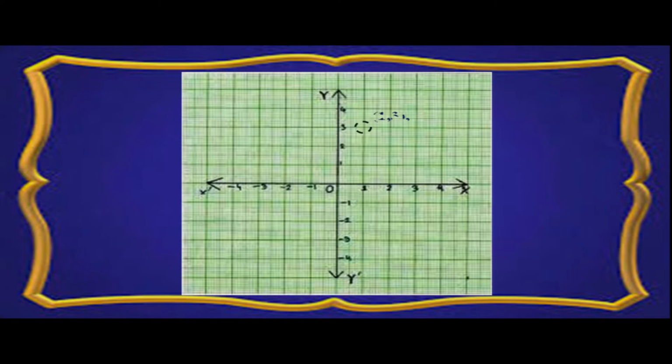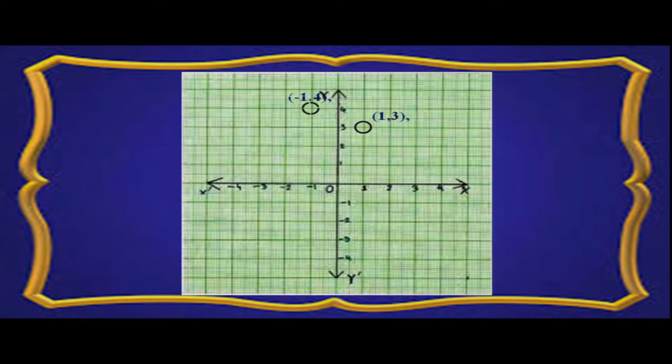If we find the point (1, 3), you can see that on the x-axis the value 1 is written somewhere and 3 is written somewhere on the y-axis. So when both of them meet, that point gives (1, 3). This is one of our solutions.